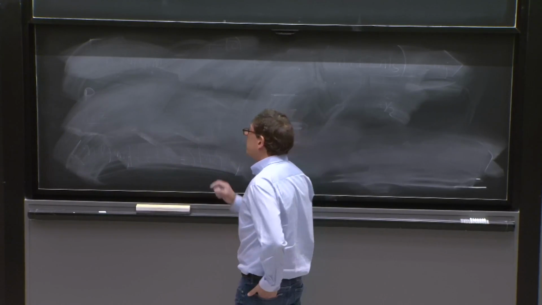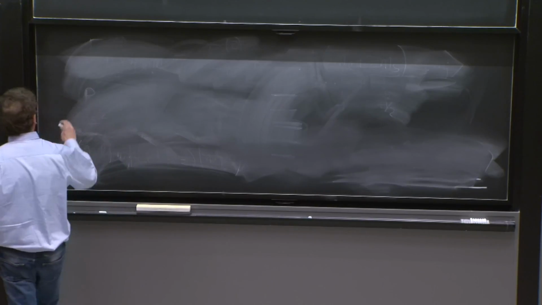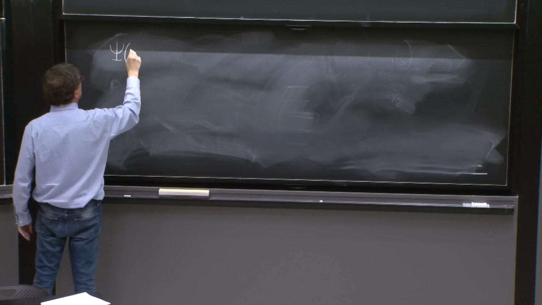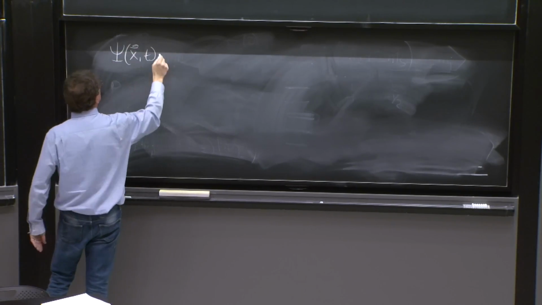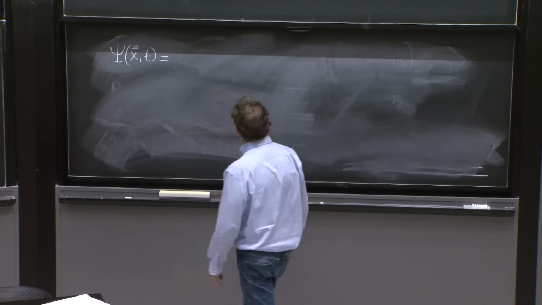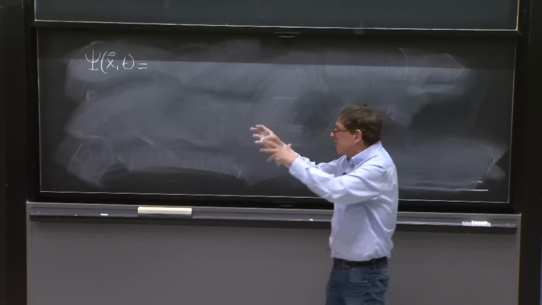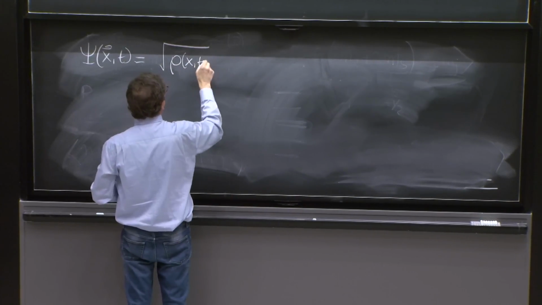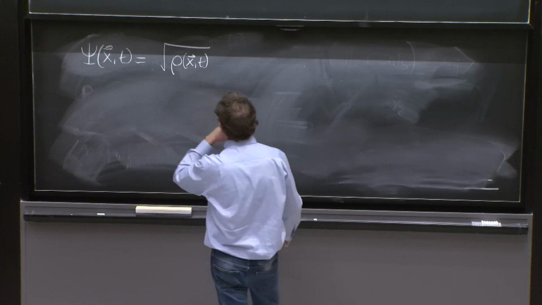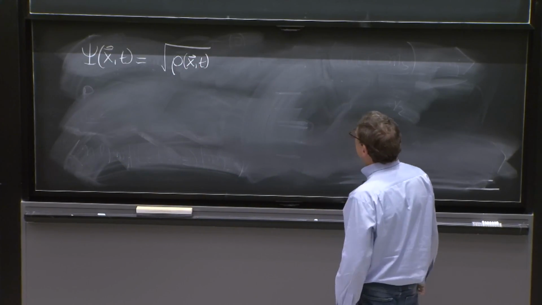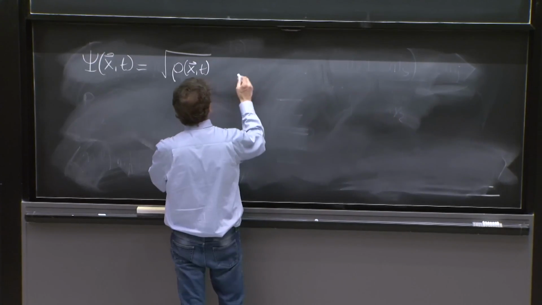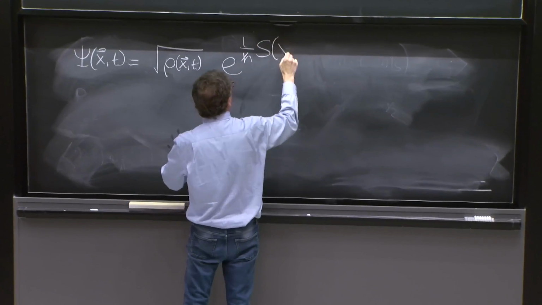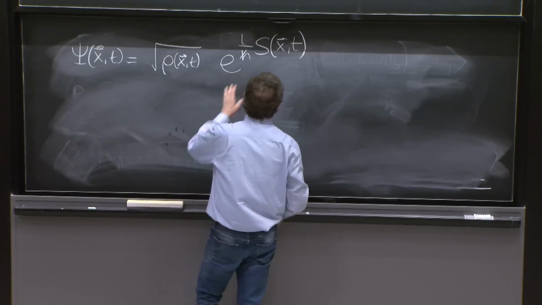So the thing that will help us many times to understand these things is to write the wave function as a complex number. So suppose you have a wave function. We will write it as a complex number in the polar form, radius times phase. So the radius is going to be square root of rho of x. The density, the probability density I claim is this. And there's a phase that I will write as e to the i over h bar S of x and t. Looks a little like an action.